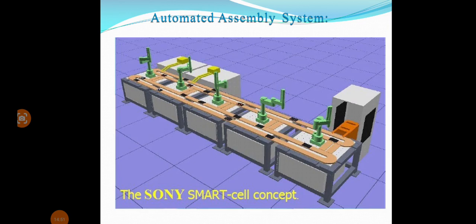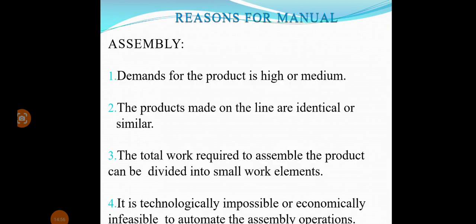Okay, these are the concepts regarding the three different methods we are considering for assembling systems, and why we are choosing those assembling systems. Generally, when demand for the product is high or medium, and there is heavy demand, at that time we definitely consider automation. The products made on the line are identical or similar, or different products may be assembled here.